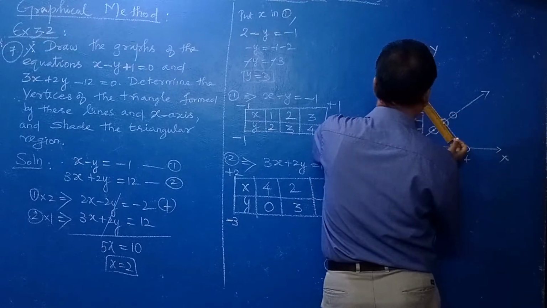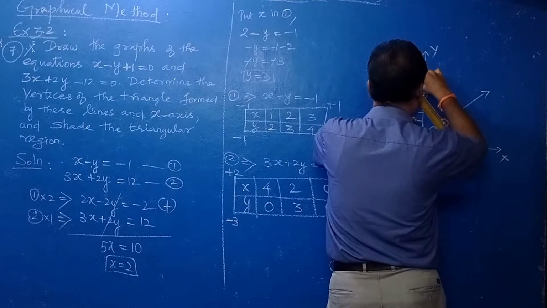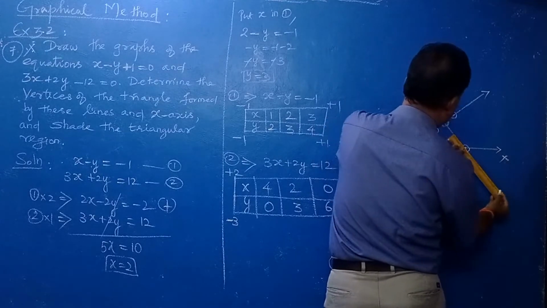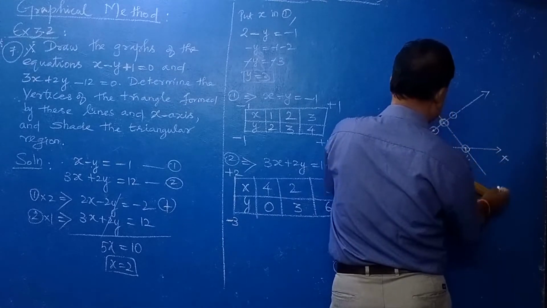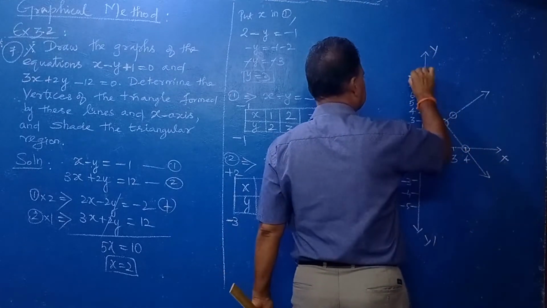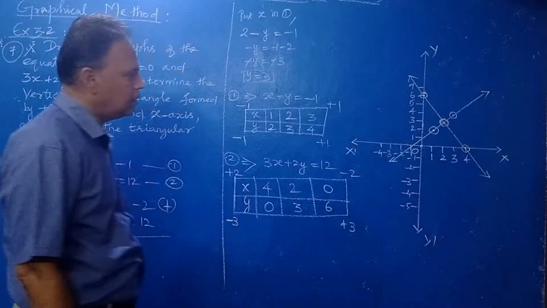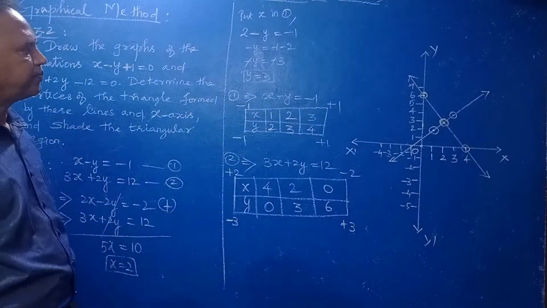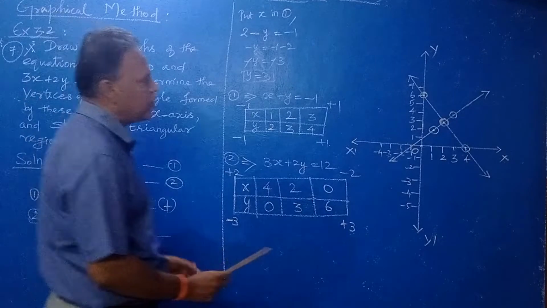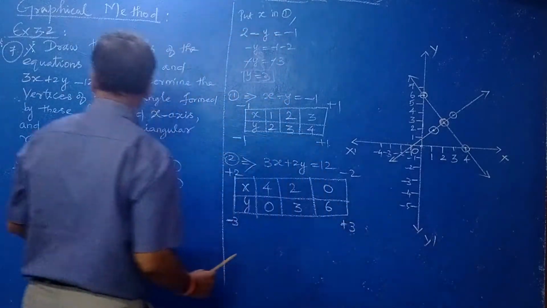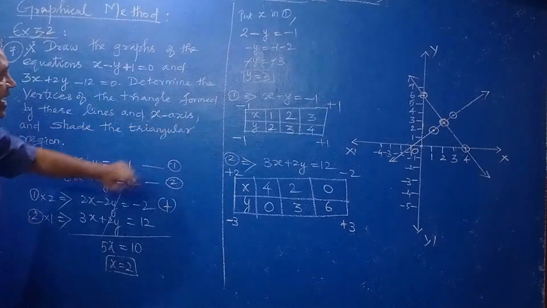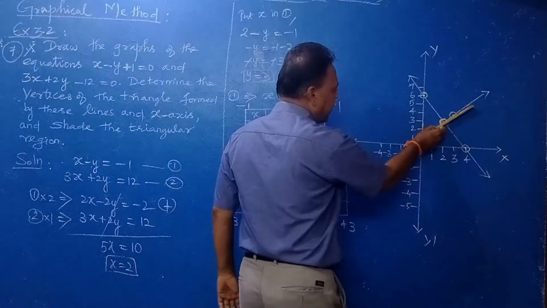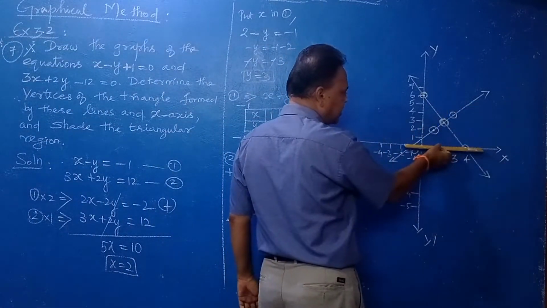You extend the line so that we can easily make the triangle. Okay, so you will get the triangle. You see, the condition given here: determine the vertices of the triangle formed by these two lines and the x-axis.